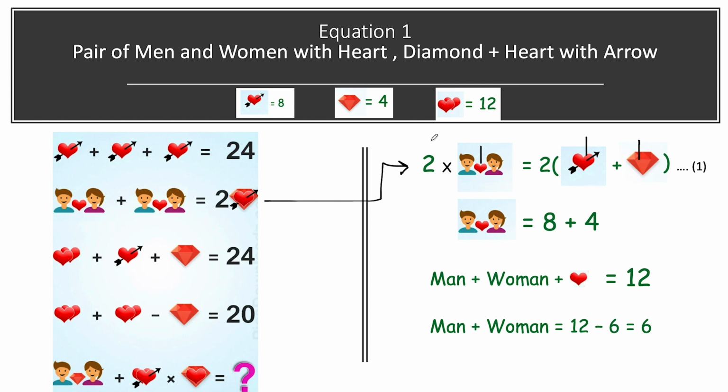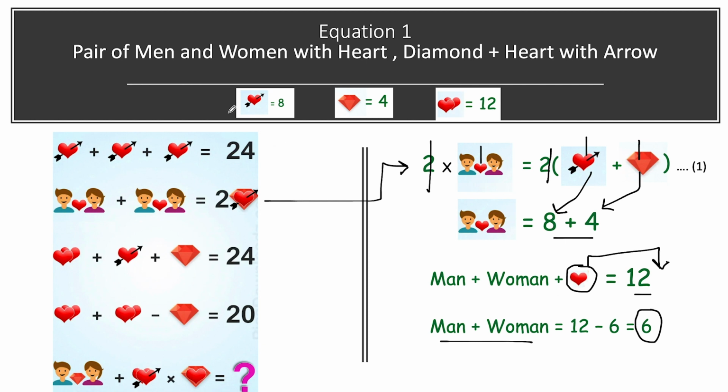Solving this second equation, we'll cancel out these two. Now putting this value of heart with an arrow as 8 and diamond as 4, it will become 8 plus 4 is 12. And we know the value of a heart, that is one heart is equal to 6. So we'll keep this value to the right side. So men plus women will become 12 minus 6, that will be equal to 6.